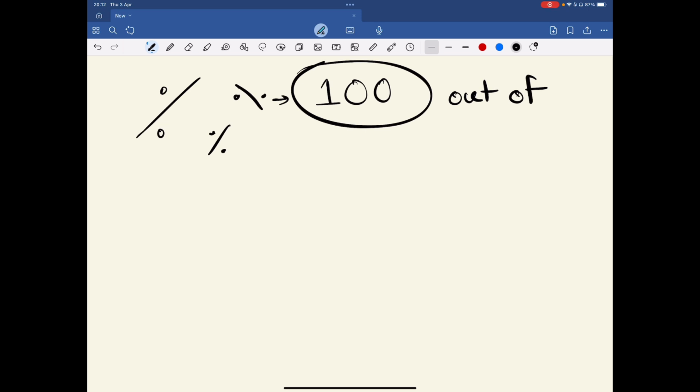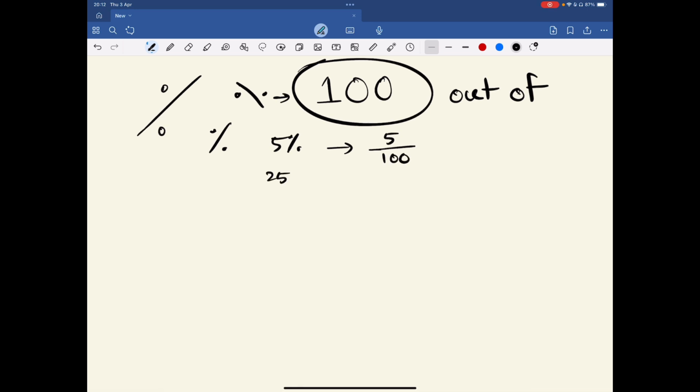So let's break it down. Let's say 5%. We already said the simple way to say percentage is out of 100. So 5% means 5 out of 100. 25% means 25 out of 100.